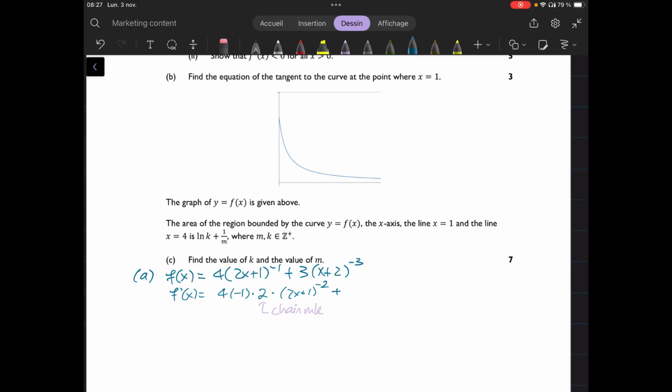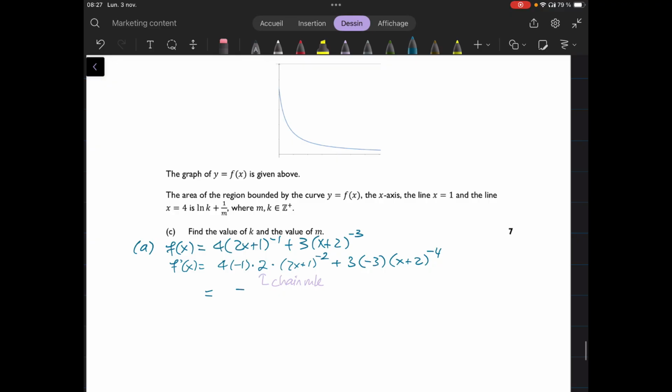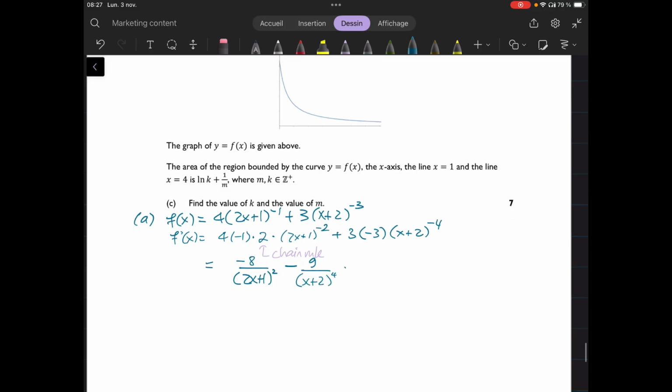For the second term, 3 times negative 3, the derivative of x plus 2 is 1, so we don't need to write it. We can also write this in a slightly different way. Et voila.